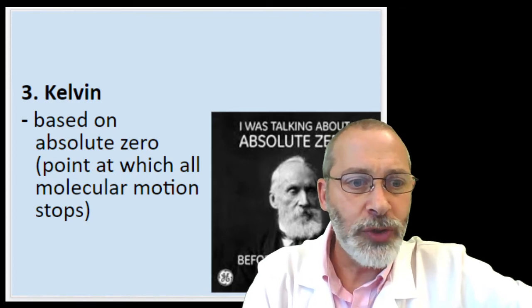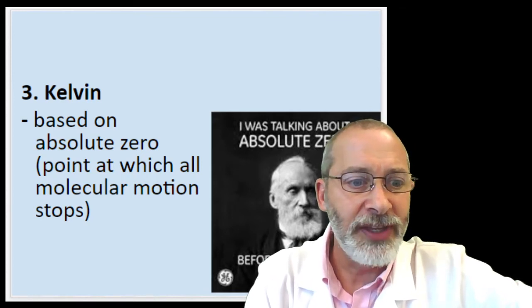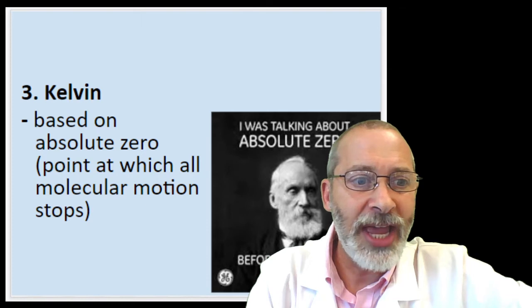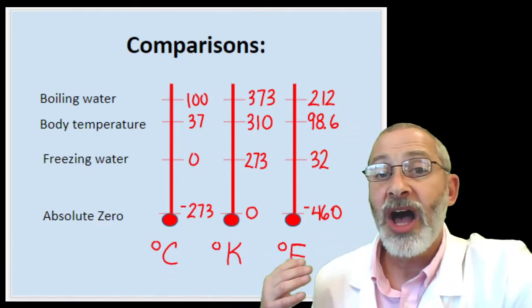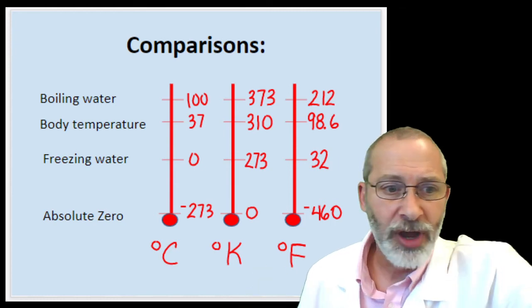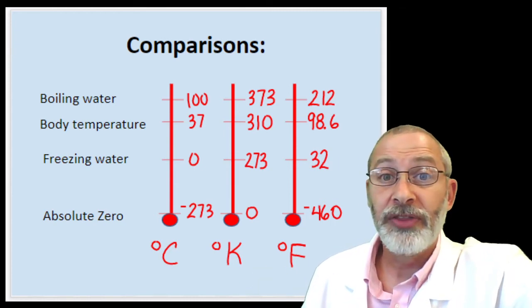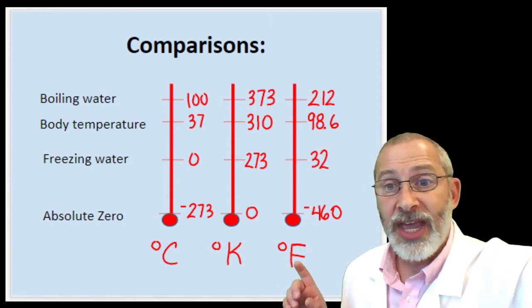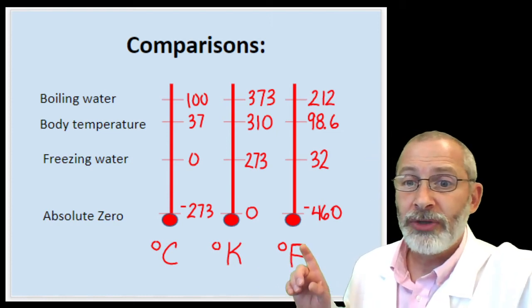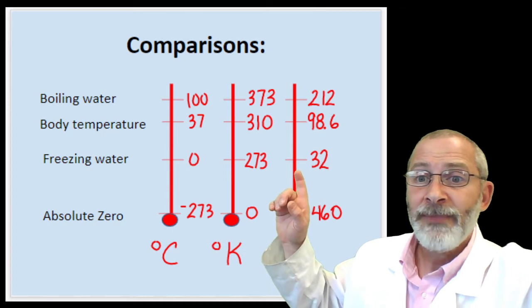So, as we continue our discussion of these different temperature scales, let me just give you a comparison of some common temperatures for us to finish up with here today. The Fahrenheit scale, that's the one that you're most familiar with, likely.